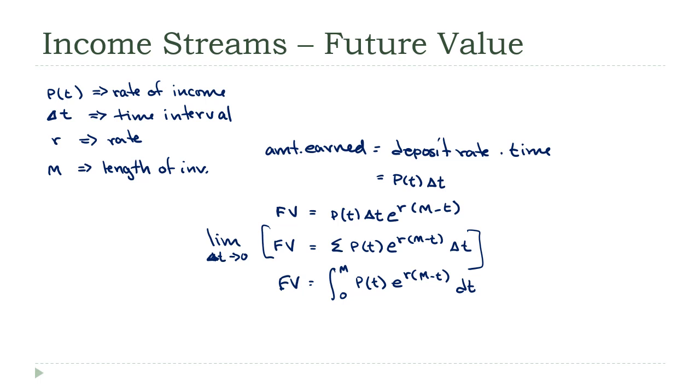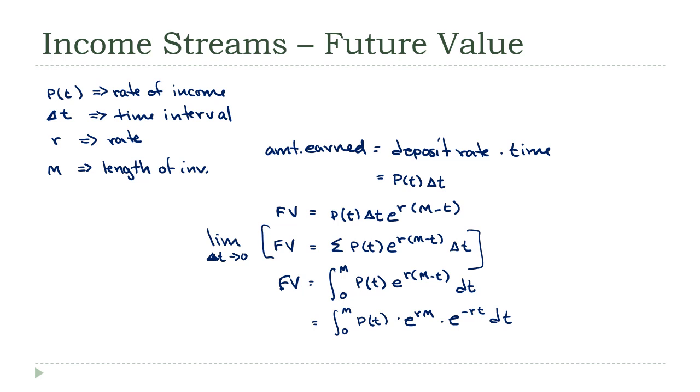Now, some textbooks will stop here. We actually can clean this up a little bit further. I can make this the integral from 0 to m of P of t times e to the rm times e to the negative rt dt. I just distributed the r into the parentheses, then applied some exponent rules to split that up.